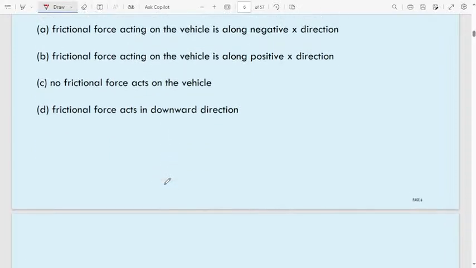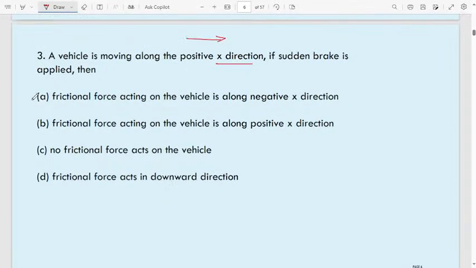The correct answer for this question is option A, because the vehicle is moving along positive x direction. Consider this is positive x direction. Always the frictional force will be in the negative direction. If the object is moving in this direction, frictional force is always opposite to the direction of motion of the body, or any object you can consider.